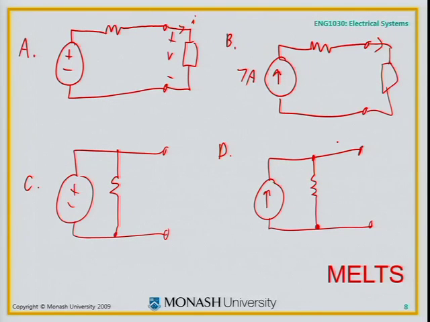What about C? Quite a lot of you said this one looks good. What is the voltage across these terminals? If that is 6 volts, it's 6 volts no matter what the value of the resistance. It is flat sitting there at 6 volts. That's not giving us the slope and the offset. It's just giving us an offset. That one may as well not have the resistor there because it does nothing.